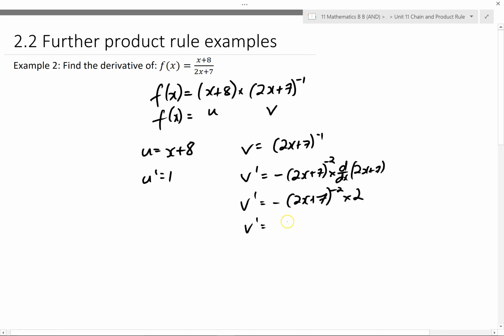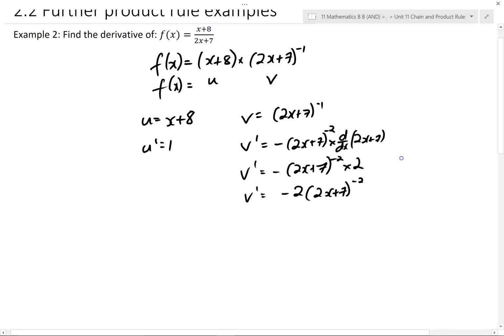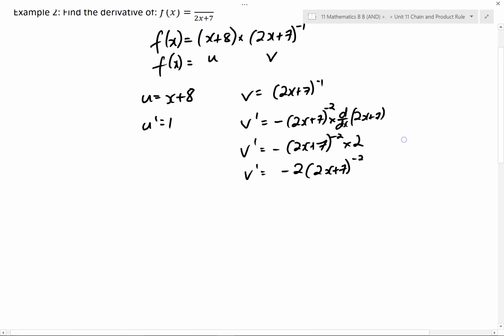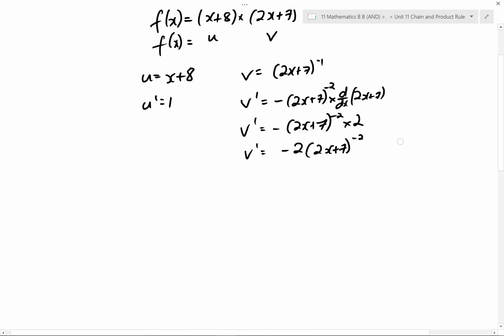I can rewrite it a little bit neater: minus 2 times (2x plus 7) to the negative 2. At this point I won't bring the power down and make it positive.